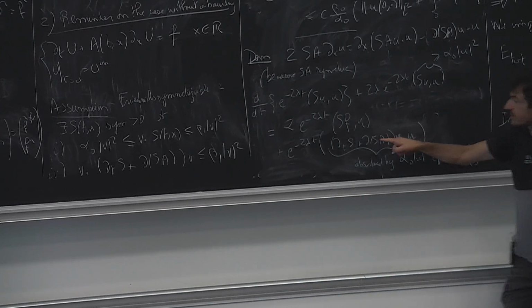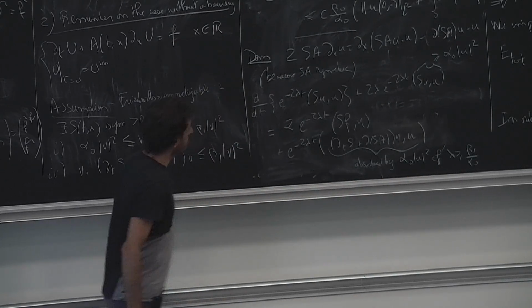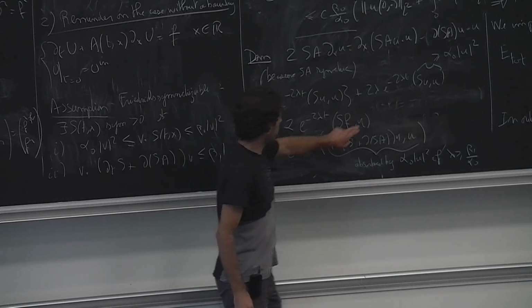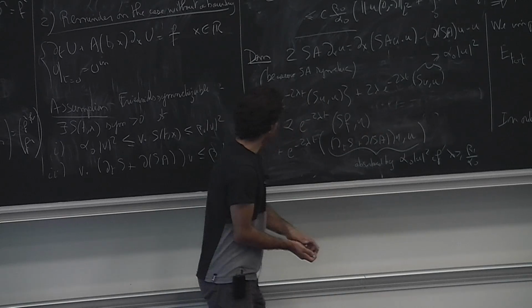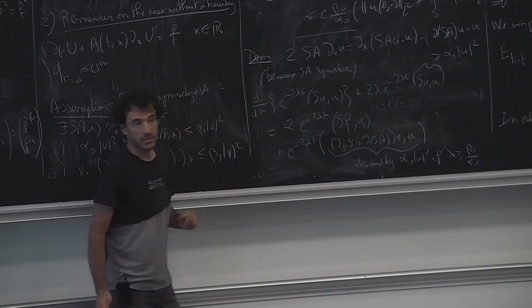And beta 1 is the control of this one. So you can control this by this, and then it's just integrating. Okay?